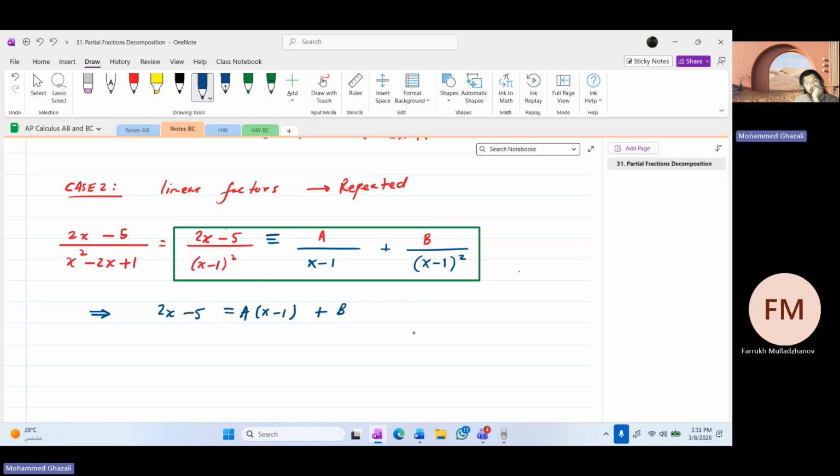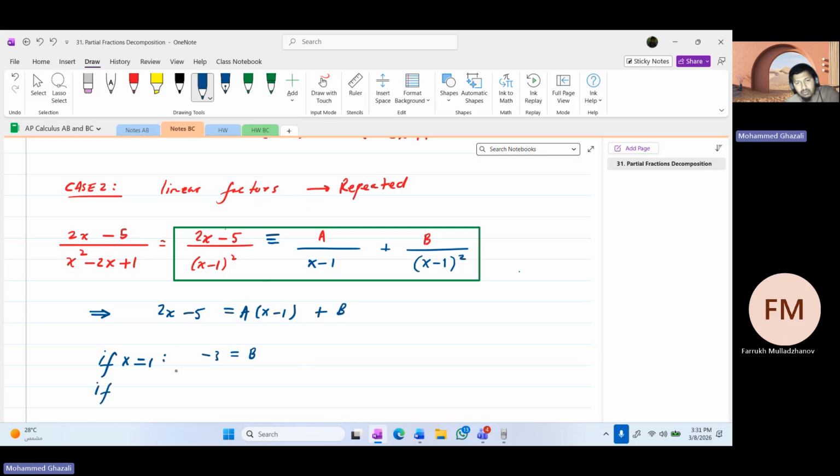A into x minus 1 plus B. Now solve for A and B. It's easy. If x is equal to 1, you're going to have 2 minus 5, which is negative 3. If x is equal to 1, then A falls out, you're left with B. So B is equal to negative 3.